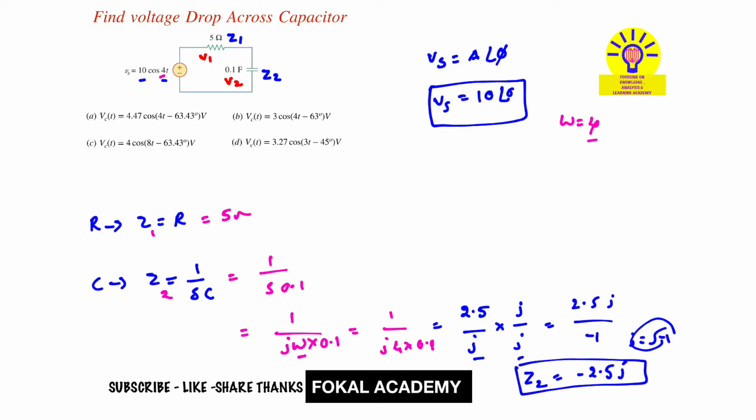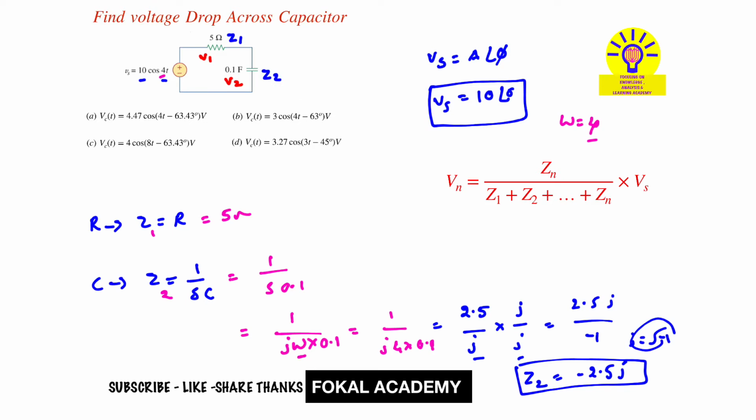Now we have the impedance of the resistor and the impedance of the capacitor. So in the circuit, the impedances are connected in series. Whenever impedances are connected in series, we have a formula for finding the voltage drop across each impedance. Here we want the voltage drop across the capacitor, that means Z2, so V2 is what we want.